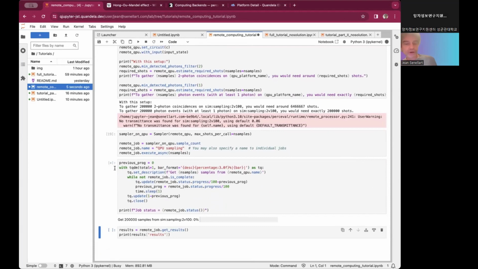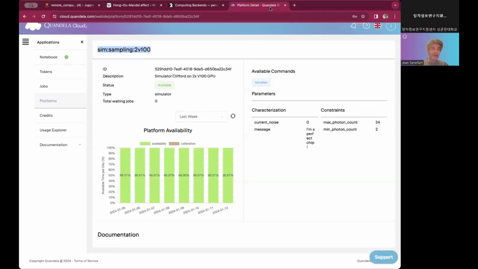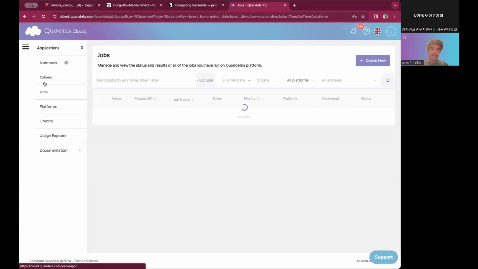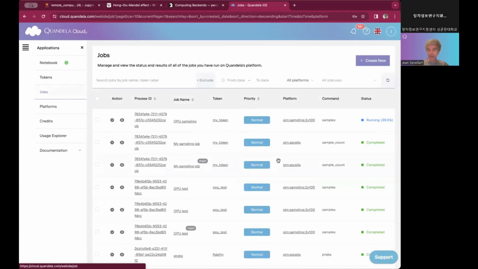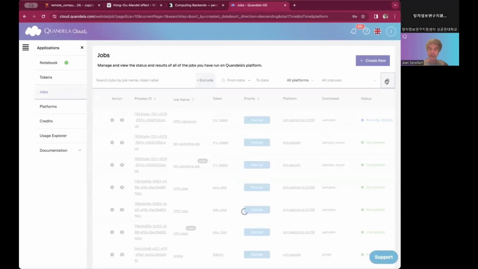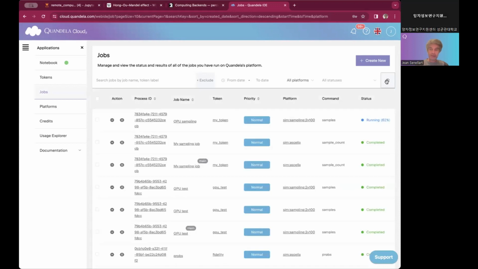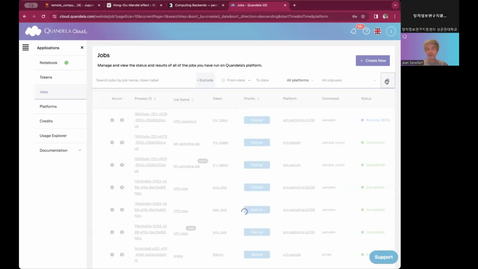If all of you are running that simultaneously, it will just take a little bit of time to run. Let's look at the jobs. Yeah, so it's running, 39%. Okay, taking a bit of time.